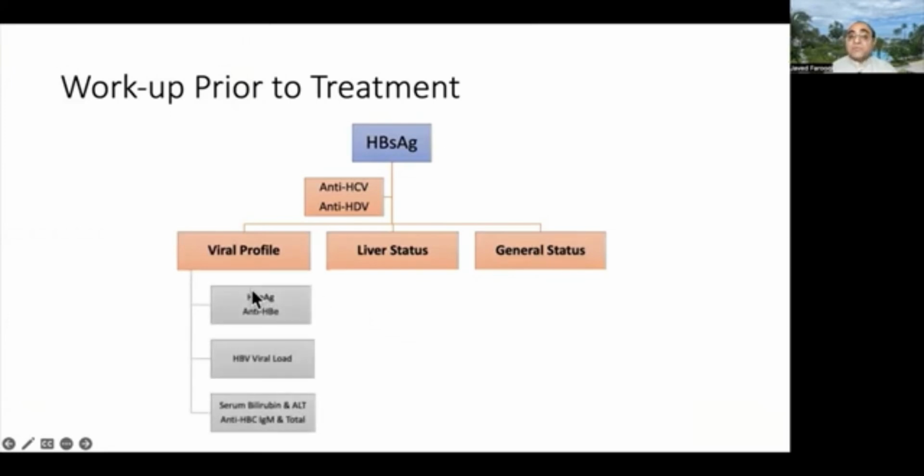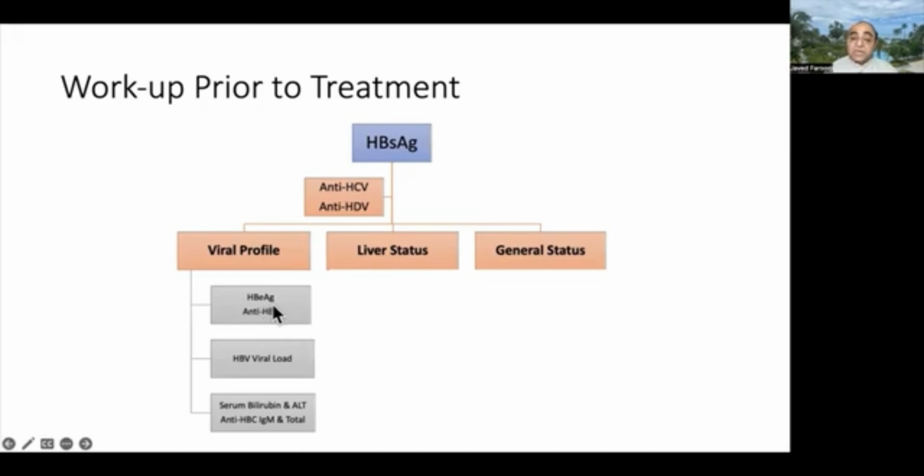In the viral profile, we do the HBe antigen and anti-HBe. This tells us whether our patient is HBe antigen positive or HBe antigen negative. If a patient is HBe antigen positive in chronic hepatitis, this may be HBe antigen positive infection or hepatitis.